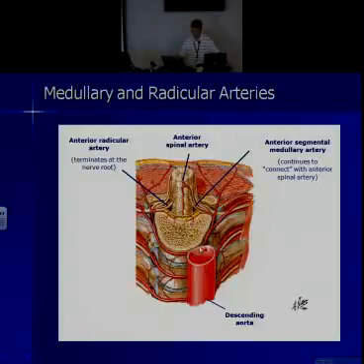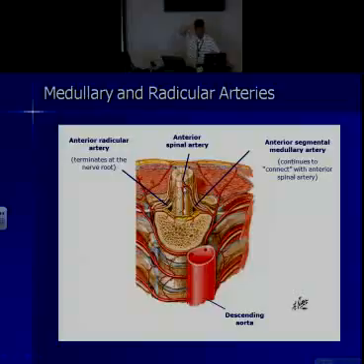But some of them plug into the local stuff and then also go in and plug into that anterior spinal artery. These only happen every three, four, five segments, and that's what I mean by the inconsistency. But that's how the spinal cord is supplied at each level.